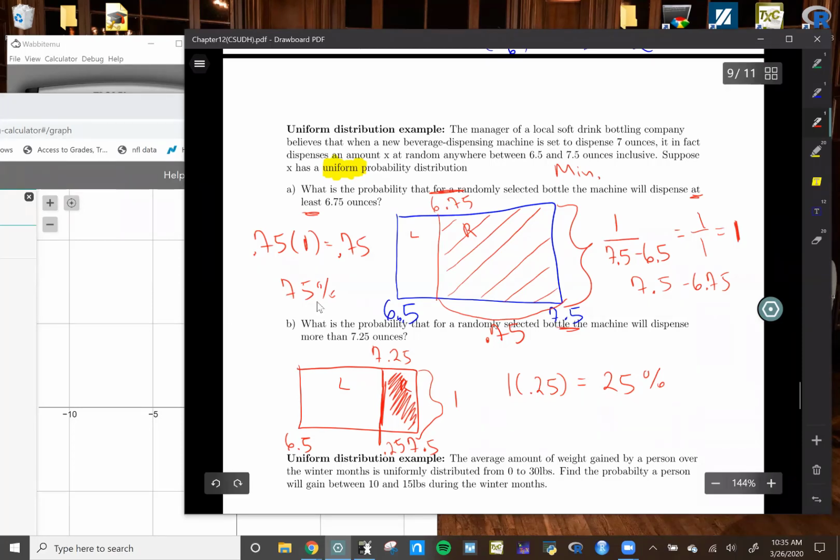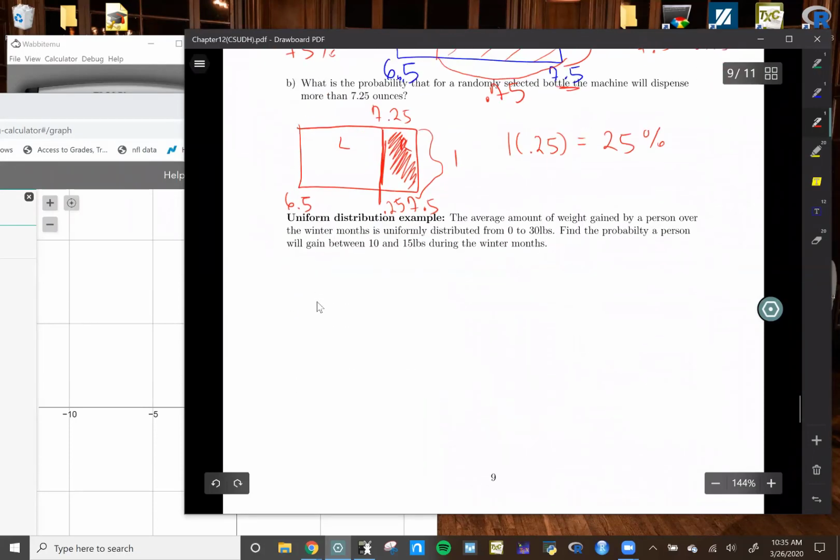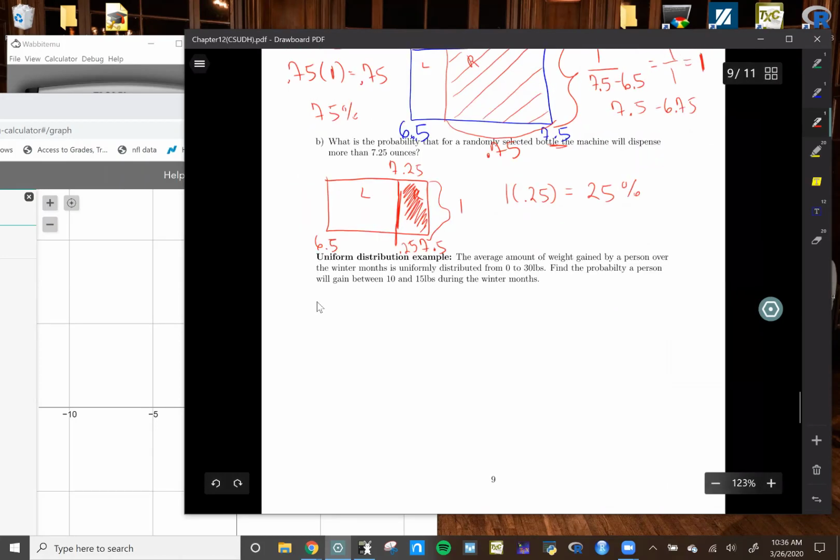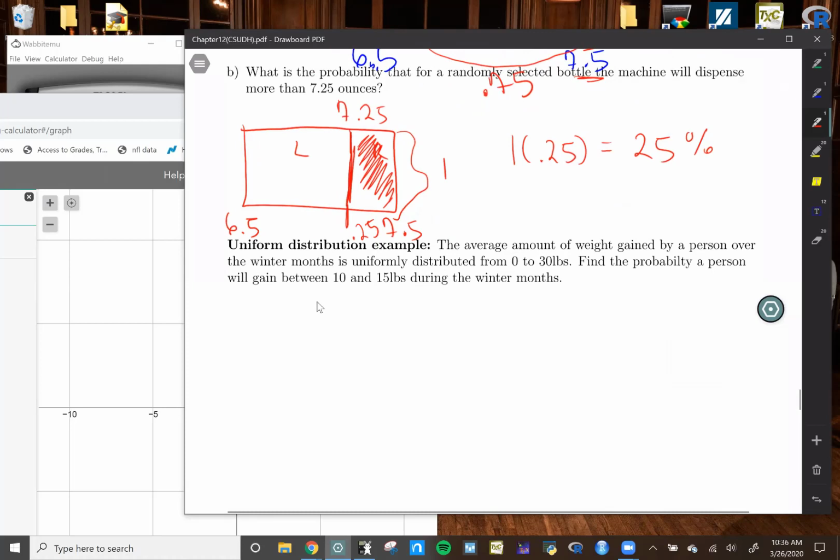All right, so I want you to practice on the next problem. I'll put up a poll and give you some options on what the answer could be.